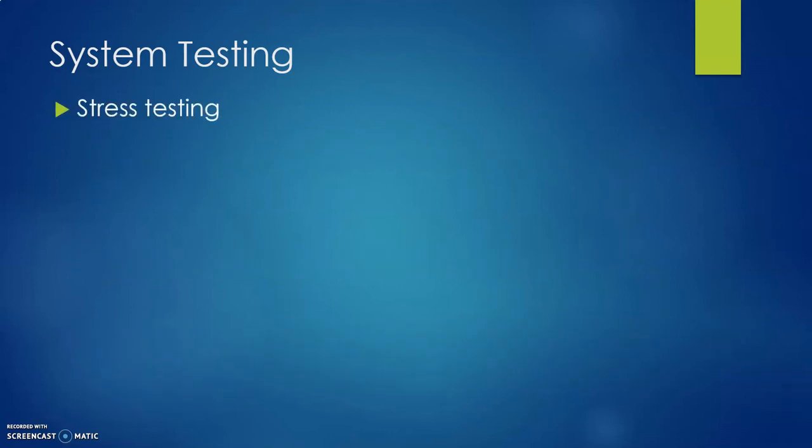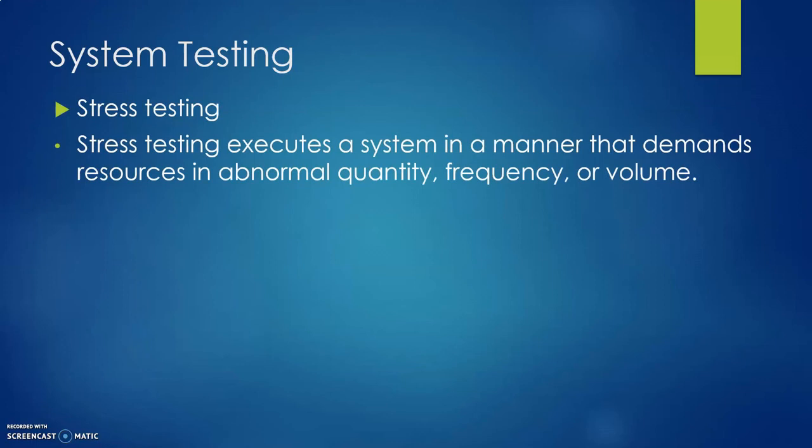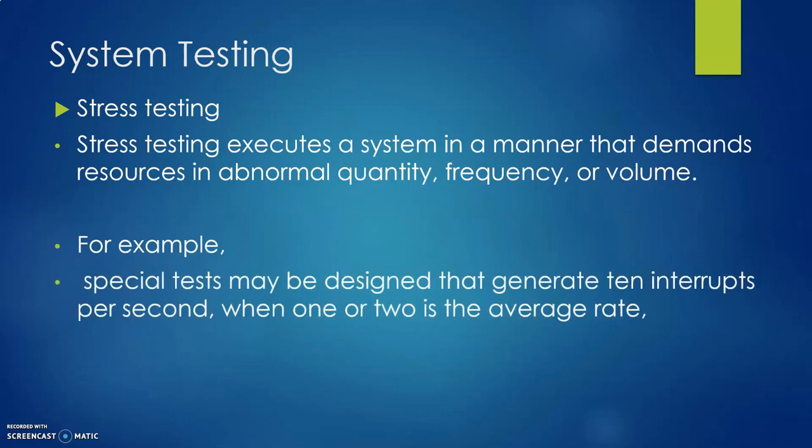Then we have stress testing. Stress testing executes the system in a manner that demands resources in abnormal quantity, frequency or volume. So we are putting more stress on the software. Special tests may be designed that generate 10 interrupts per second when 1 or 2 is the average rate.